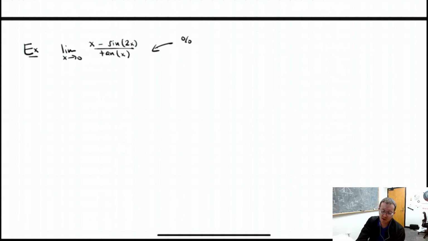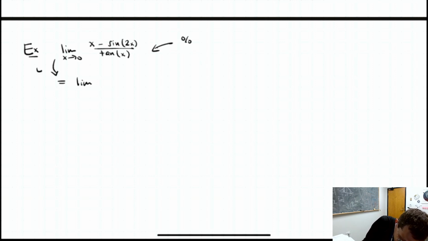Very important to check before we use L'Hopital's rule that we have a 0 over 0 or an infinity over infinity indeterminate form. So I'm going to use L'Hopital's rule and differentiate this.